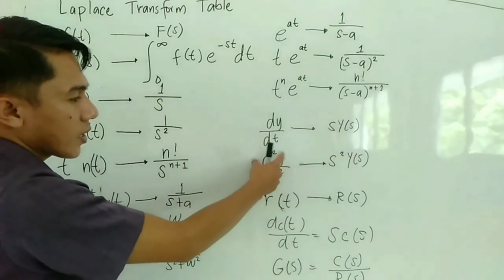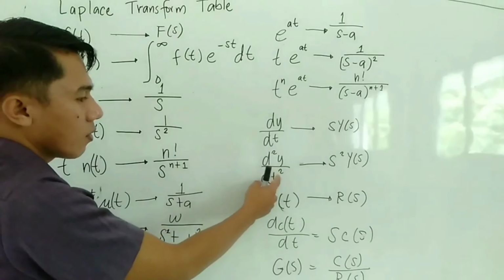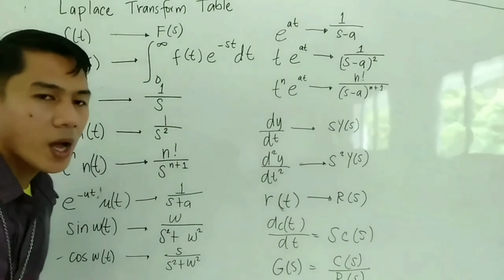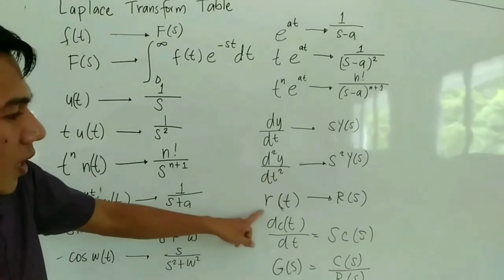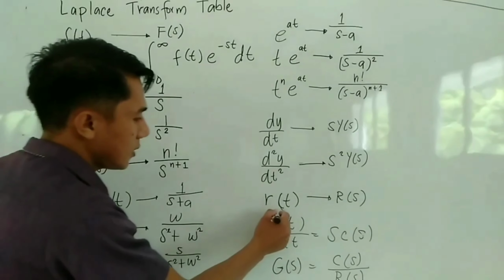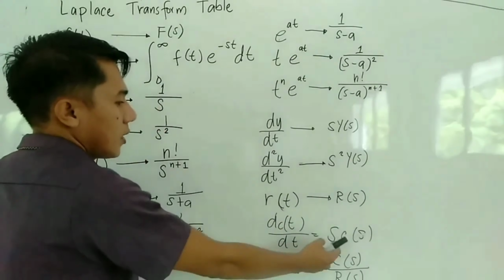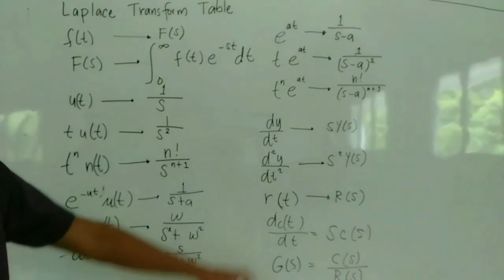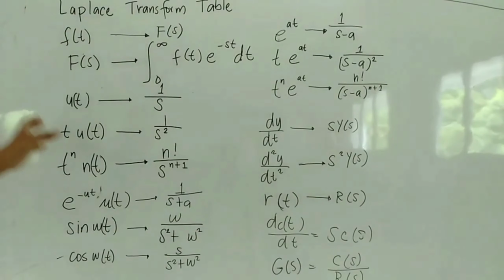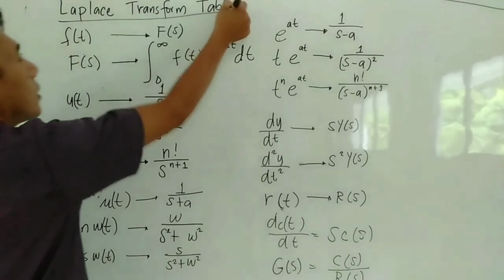We have the second derivative d squared y over dt squared. For this time, we have s squared Y of s, and the rest. Okay, you should be familiar with this, what we call the Laplace transform table.